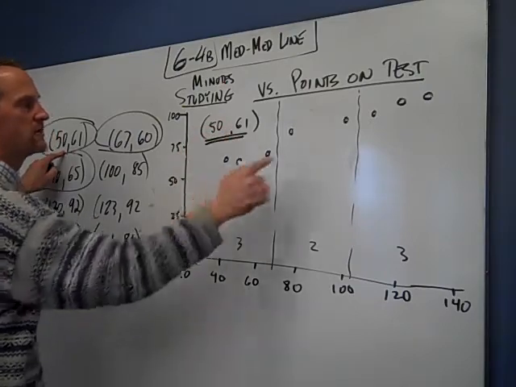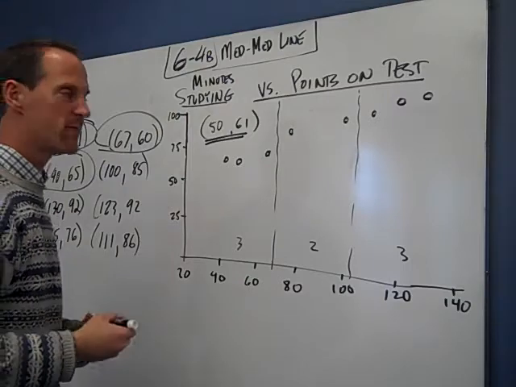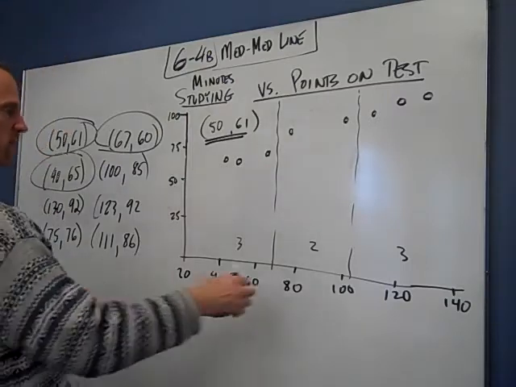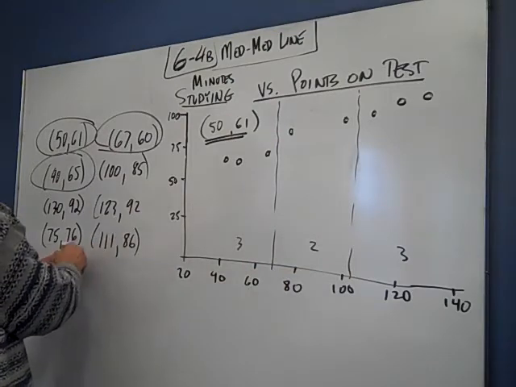All right? I do the same thing for these 2 points, and my middle score there is going to be my average of those 2. So that's the ones that are in the 80s. That's 76 and 85.